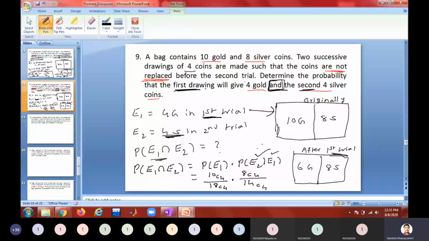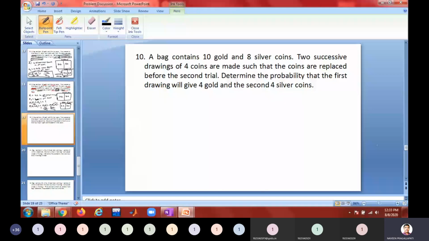A bag contains 4 gold and 8 silver coins. 2 successive drawings of 4 coins are made such that the coins are not replaced before the second trial. Determine the probability that the first drawing will give 4 gold and the second drawing will give 4 silver coins. Now, what kind of events are there? Independent events. 4 gold, 8 silver, original sample space.